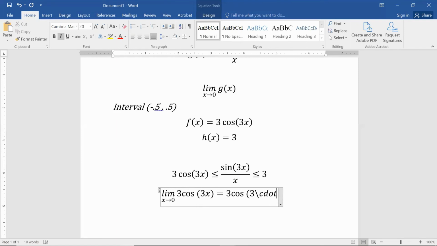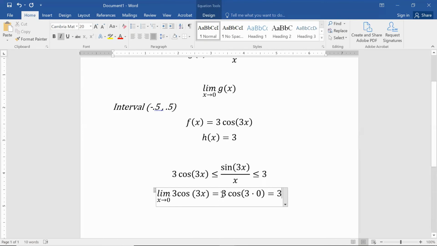So we learned earlier that we can just plug things in when my value of x is going to a number in the domain. So because 0 is in the domain of 3 cosine 3x, we can just plug it in and end up with 3. So we get 3 times cosine of 0, which is 3 times 1, which is 3.